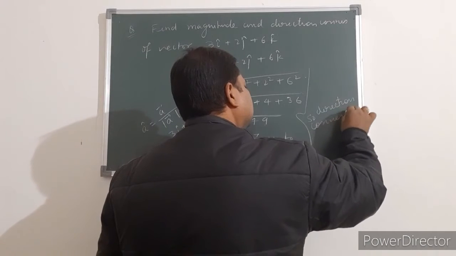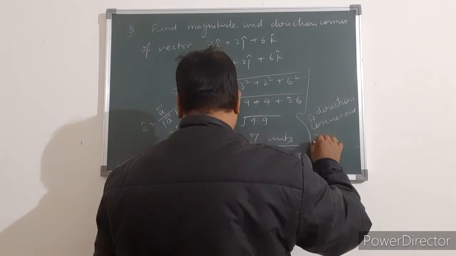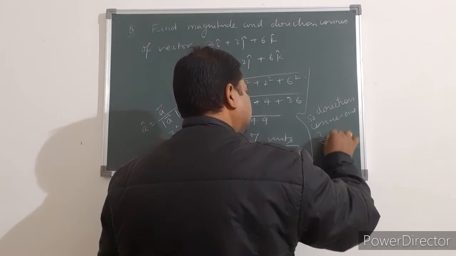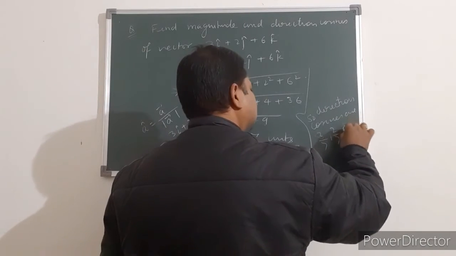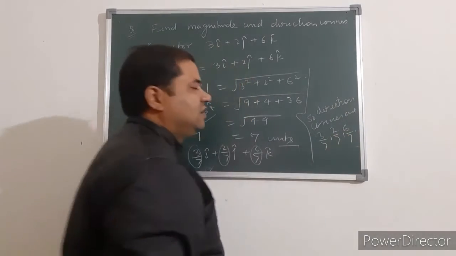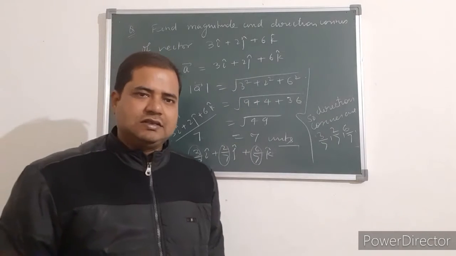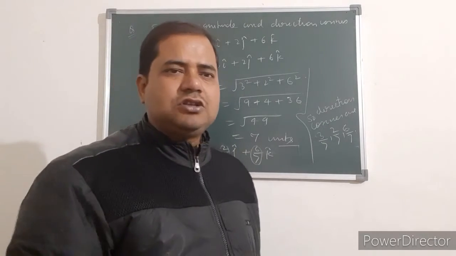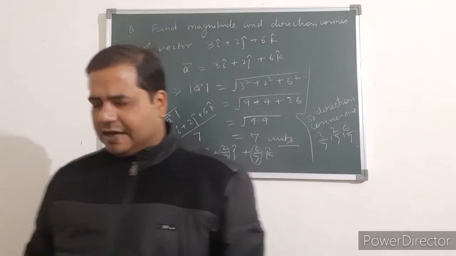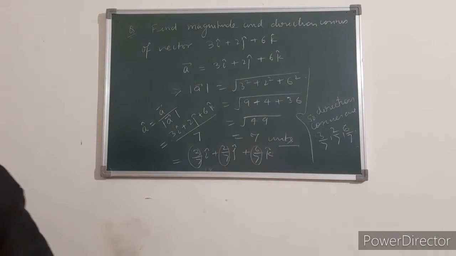So the direction cosines are 3 by 7, 2 by 7 and 6 by 7. These are the direction cosines. I hope you understand. Please note it down, and then we will see the next question.